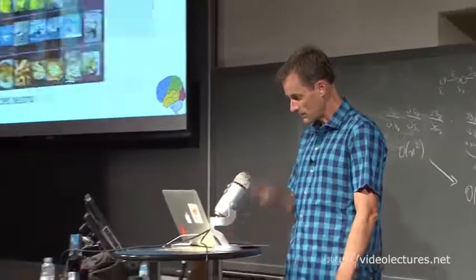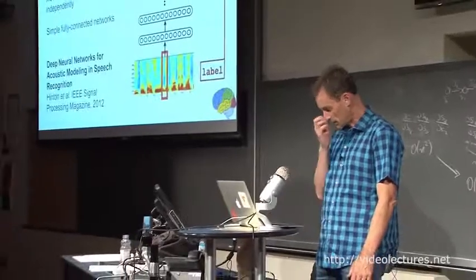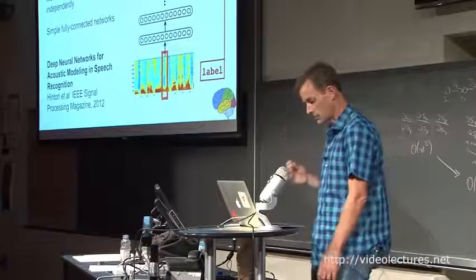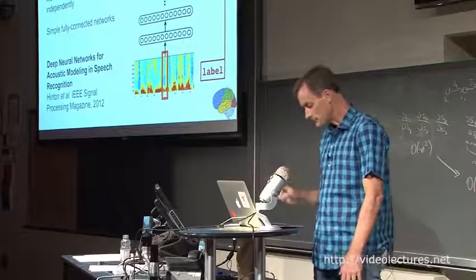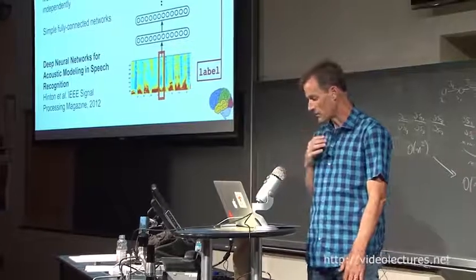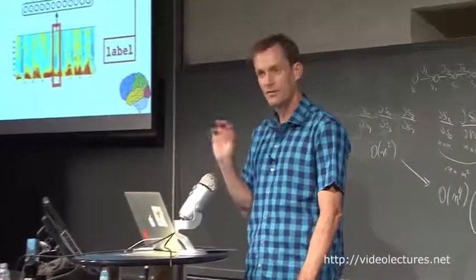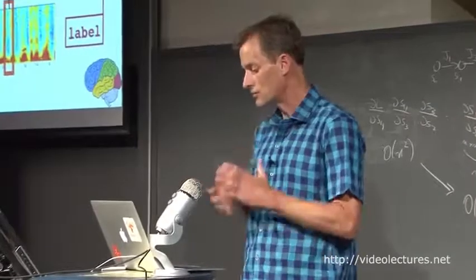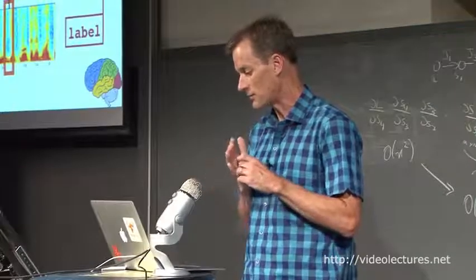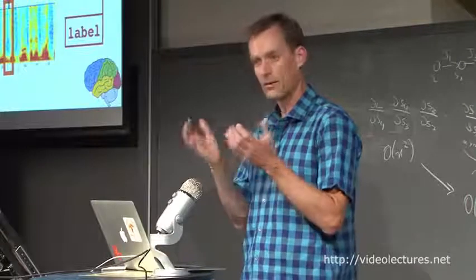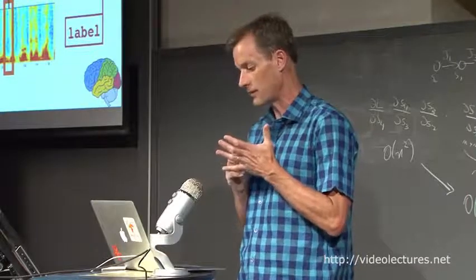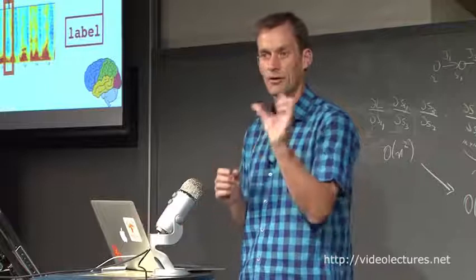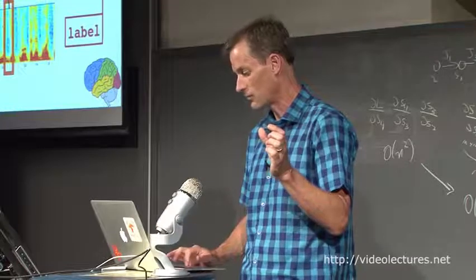So I'm going to skip this and just talk about some of the initial work. The first thing that we worked on with our speech team was replacing the acoustic model they used in the speech recognition system with a fairly deep feed-forward neural net that tried to predict which phoneme was being uttered in the middle 10 milliseconds of this window.